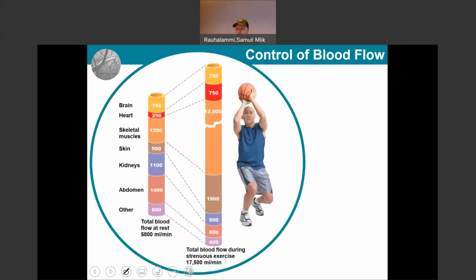So we'll notice, for example, that skeletal muscles can go from receiving about 20% of the blood supply to as high as 70%. So there's really a high amount of flow that we can direct to the skeletal muscles based on their needs.